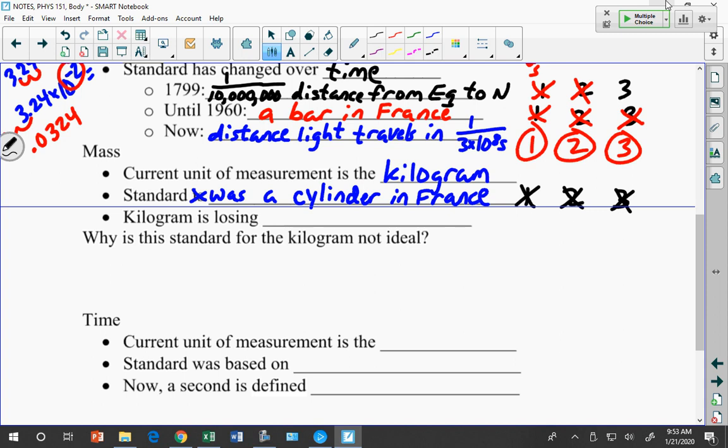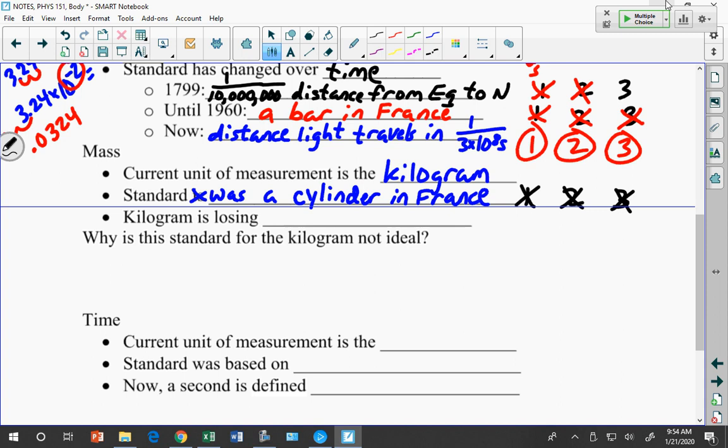They had it under lock and key. If you wanted to know what a kilogram was, you had to go to France. You had to get a special pass to get into this place, and then you move on. There was the kilogram, and it was the definition for a kilogram for all the world. So it was not accurate, much like the bar. The meter wasn't accurate for measuring really small distances. The kilogram, this cylinder in France, was not accurate to measure very small masses, like the mass of an atom, for example.